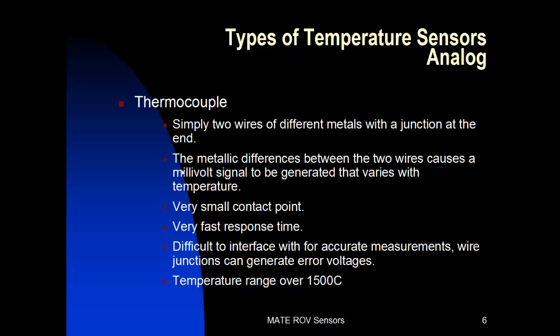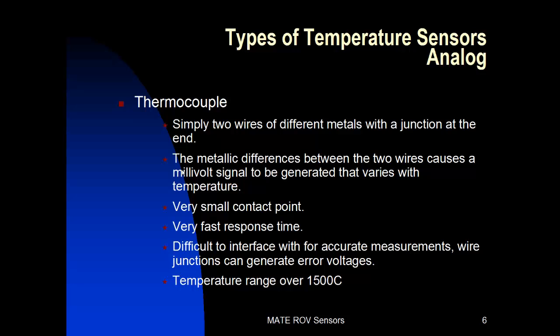Another analog sensor is a thermocouple. Thermocouples are a lot of fun to work with, and you can have your students do all kinds of things with them. They can make little thermocouples, but simply, a thermocouple is two different wires that are insulated from each other, and when they come out at the end, you twist them together and make a junction.